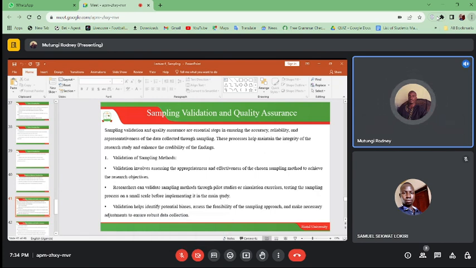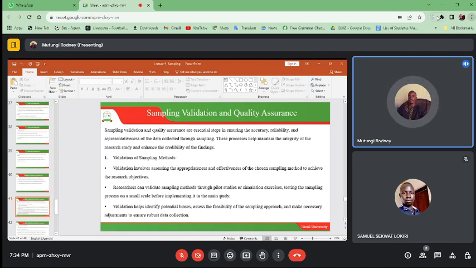Okay, so it helps to identify the potential biases, what could lead to the bias. Is this question formulated in a way that maybe the respondents are not going to give us answers? If we are going to use this method, are we going to skip, are we going to represent each and every one? If not, how can we make sure that we improve on that?